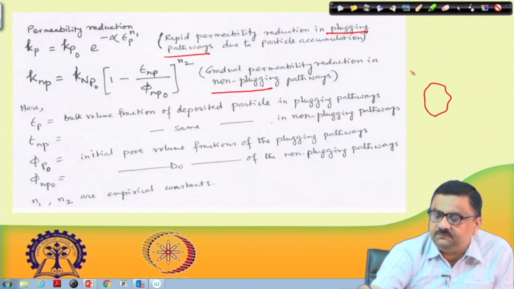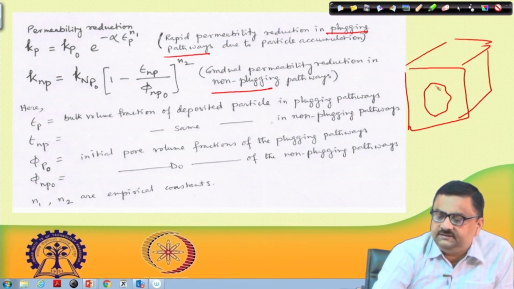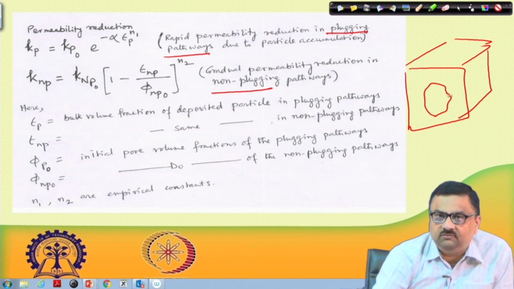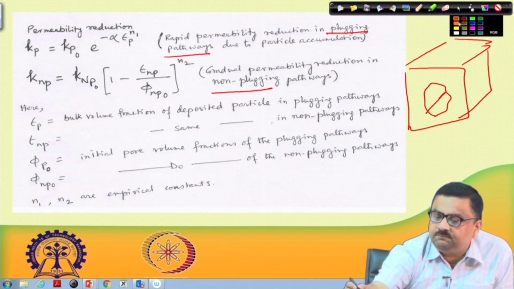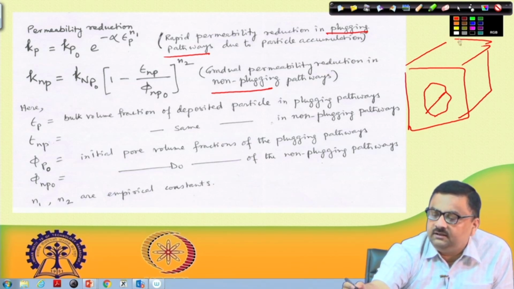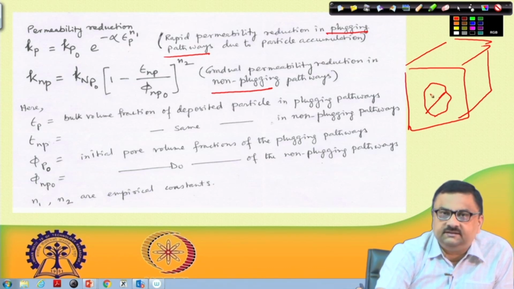So, now suppose this is the porous block, this is the void volume through which the flow was taking place. Now, let us say this part is the plugging pathway, this part is the non-plugging pathway. Now, out of this plugging pathway, here f sub p is the volume fraction of deposited particles.